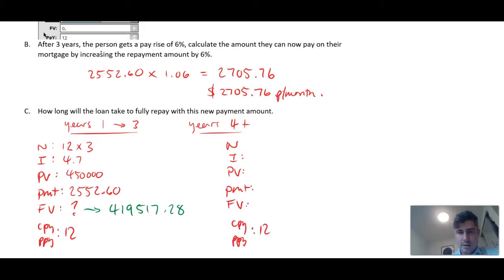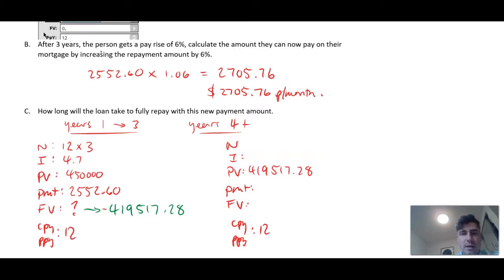Okay, so this goes up here as the amount owing, the amount that we have. Now you'll notice that it's still positive because we still have that money and therefore we have to pay it back, but we still have that in our bank.